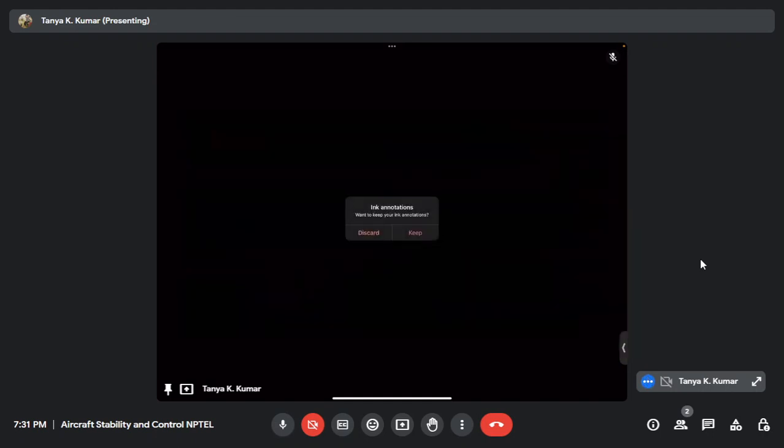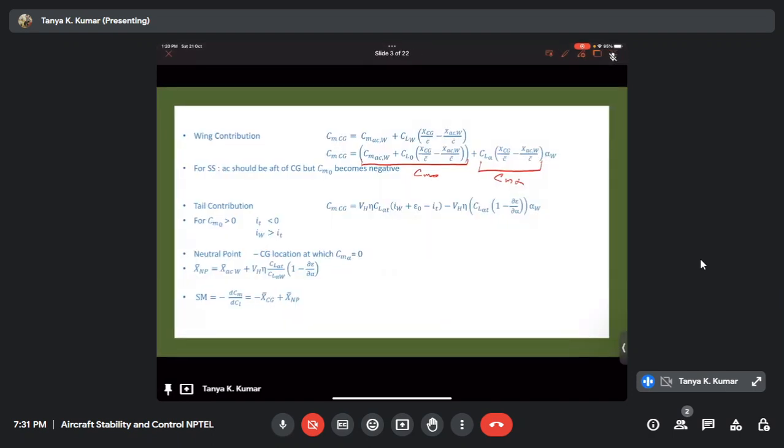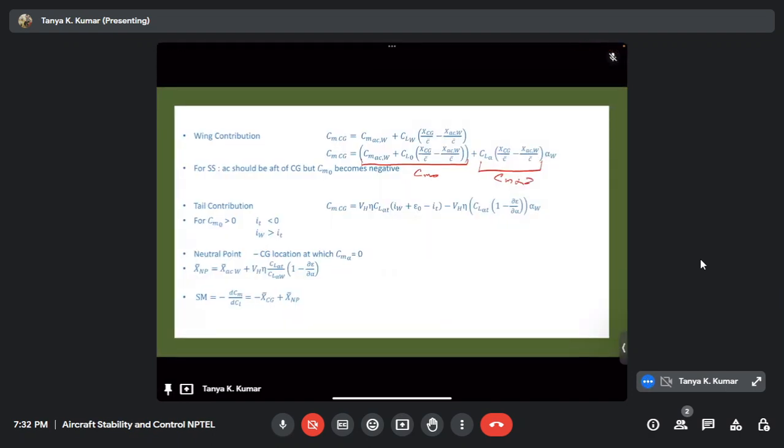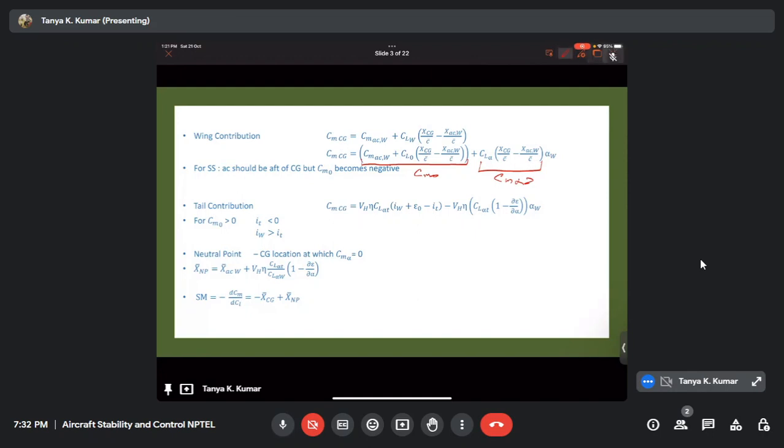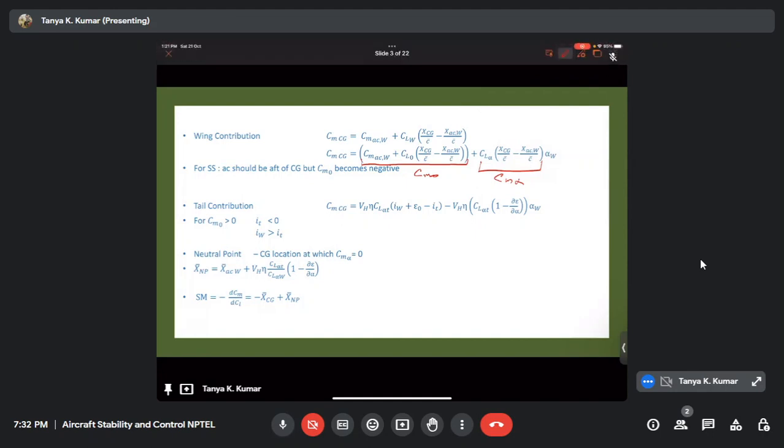If you require static stability, what we need is that the AC should be aft of the CG. But when you do that, your Cm naught becomes less than 0.